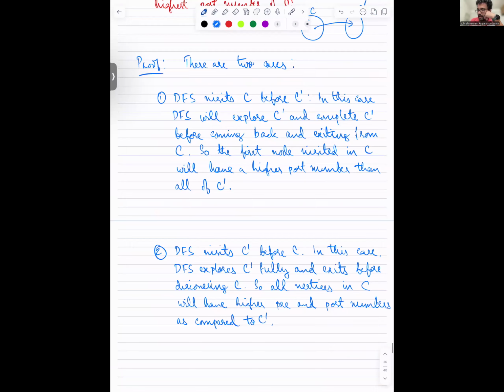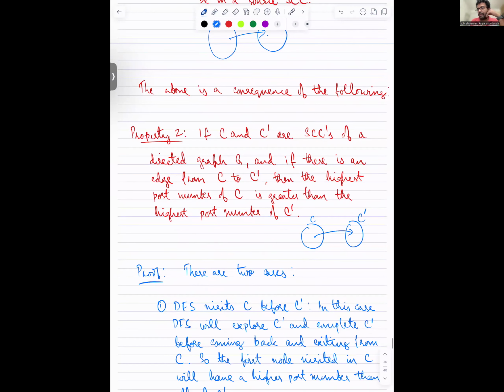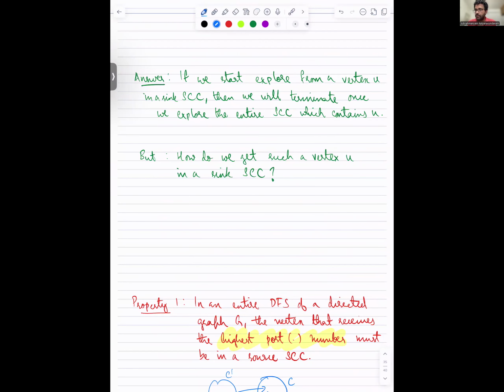Okay. So to summarize, we can get a vertex. The highest post number, if you check, will be a vertex in a source strongly connected component. And before that, we said that if we start exploring from a vertex in a single strongly connected component, then we'll recover the entire strongly connected component.